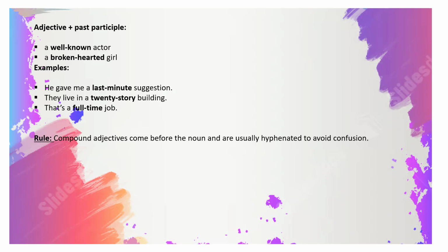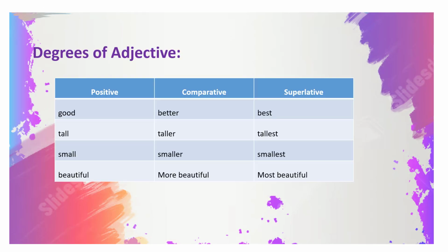The compound words that are shown in bold form are compound adjectives. There are some rules in grammar. The rule in adjectives is that compound adjectives come before the noun and are usually hyphenated to avoid confusion, meaning that both words are joined with a hyphen to avoid any kind of confusion.